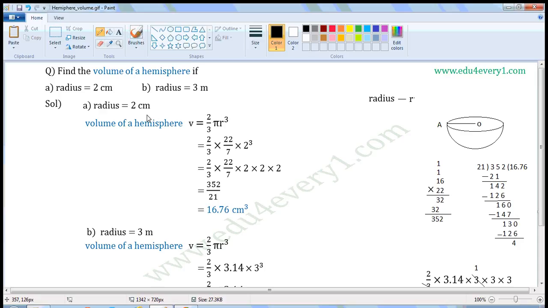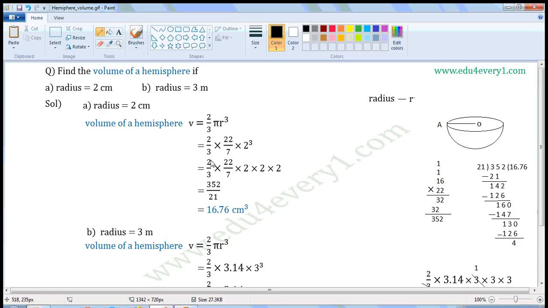Substitute the values of pi and r in this formula to find volume. That is equal to 2 by 3 into 22 by 7 into 2 cube. 2 cube means we have to multiply 3 times. So we can write this as 2 by 3 into 22 by 7 into 2 into 2 into 2.